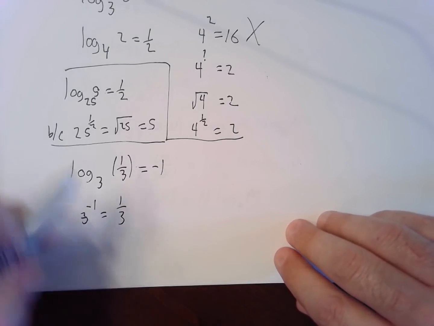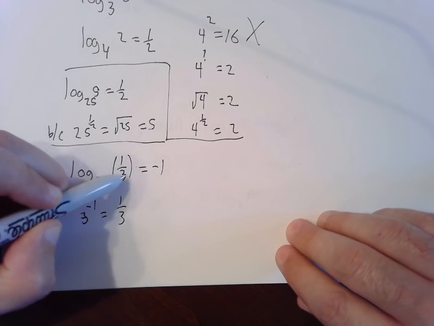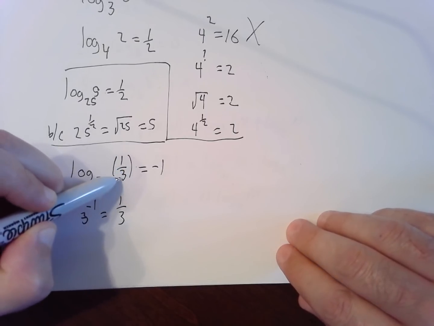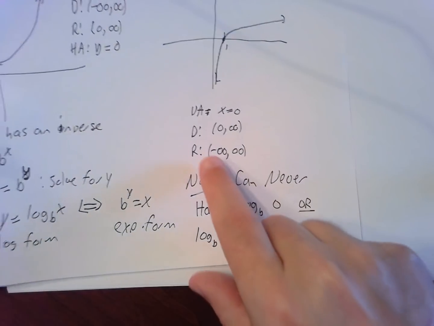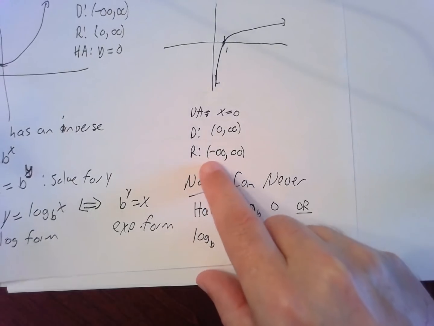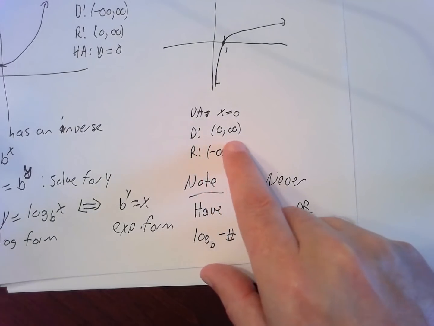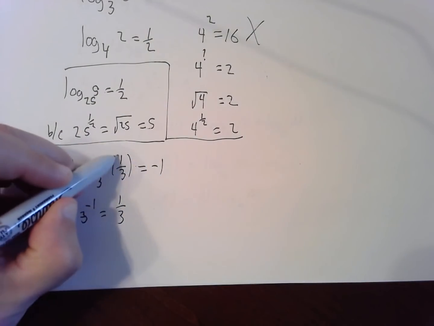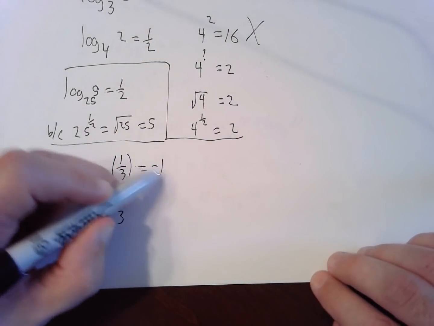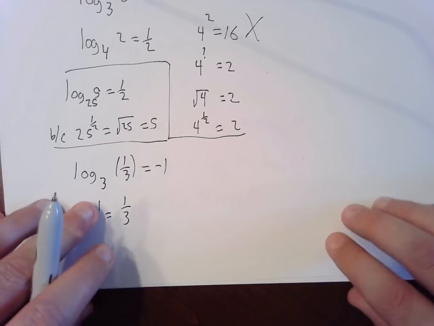No, I didn't. I said the inside can't be negative. You can't have a negative here. The answer can be negative. Remember, our range is all real numbers. The answer can be anything. It's the inside that can't be negative or 0. Can't have a negative or 0 here. I could easily have a negative or 0 over here.